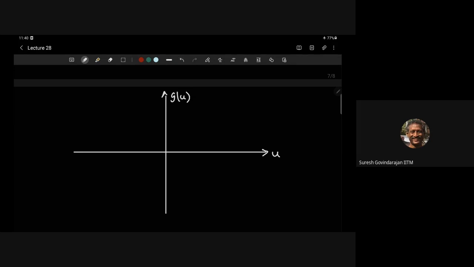What we know is that it has some behavior like this, so it will increase.